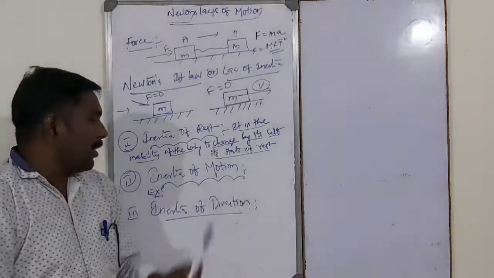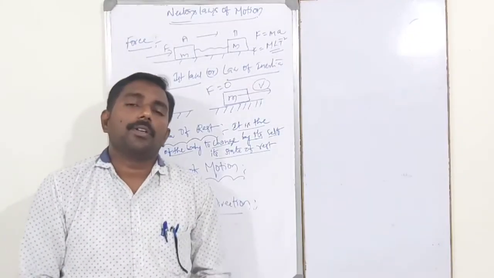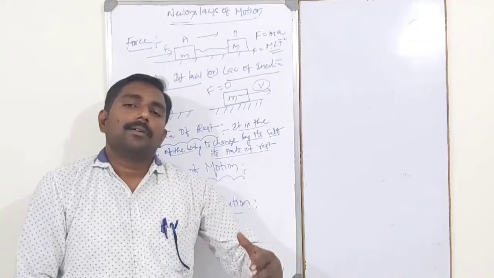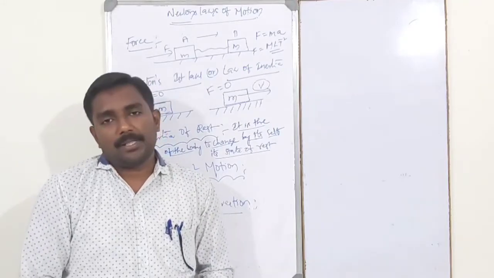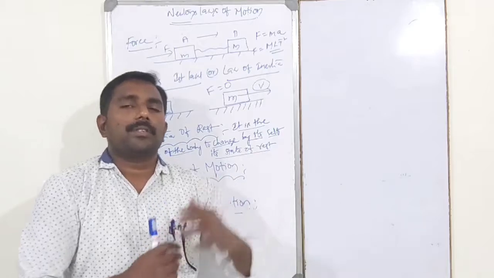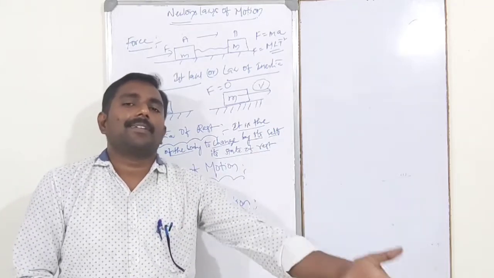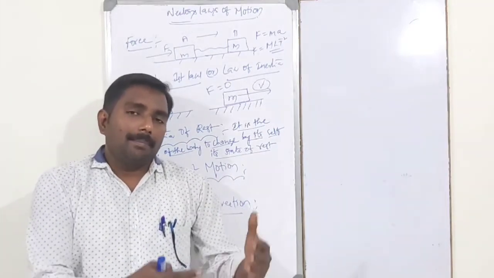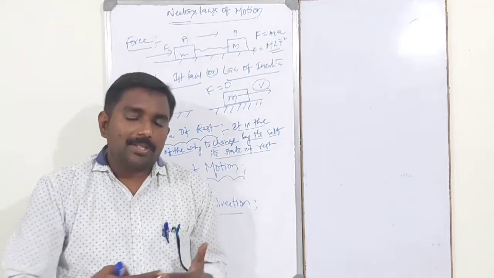An example for inertia of motion: suppose a person is inside a moving bus. The bus is moving with a certain velocity, and the person is also moving with the same velocity because the person is inside the bus. The bus suddenly comes to rest.